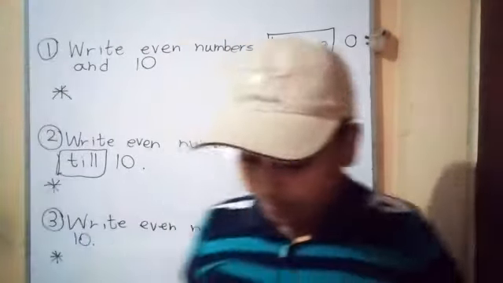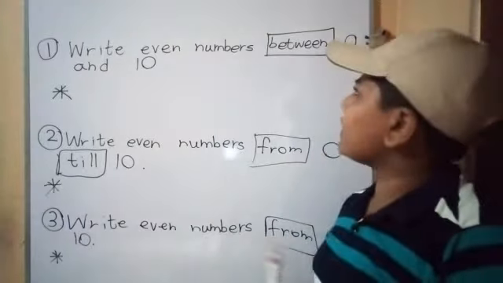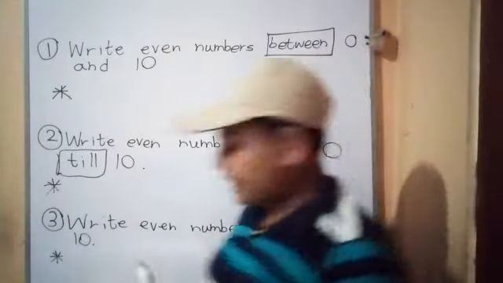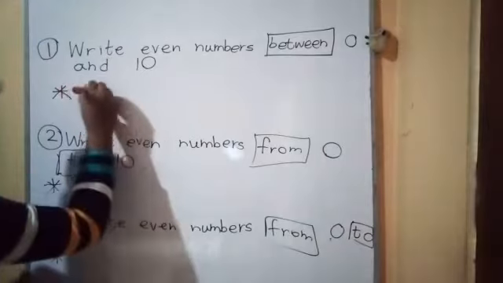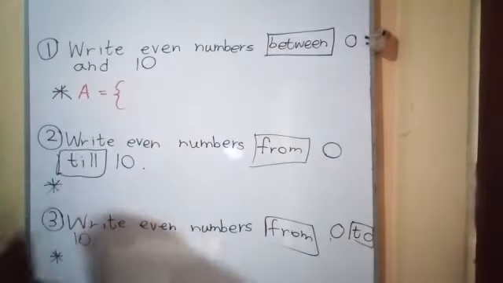Now let's find the answers. Write even numbers between 0 and 10. Take the set name A and keep the curly brackets.